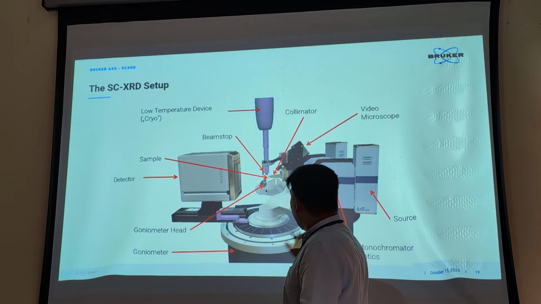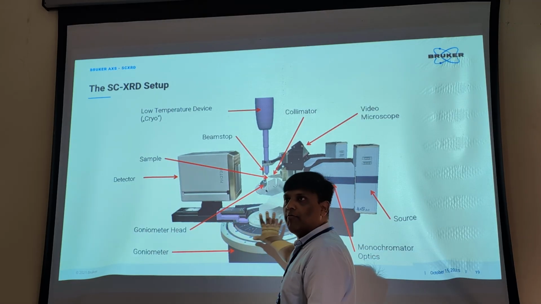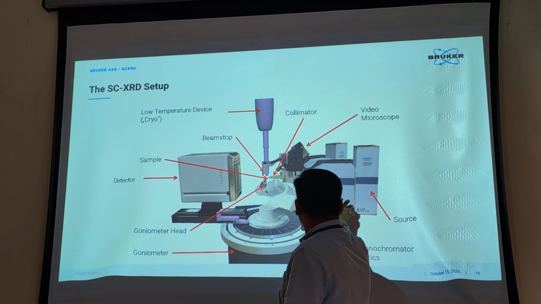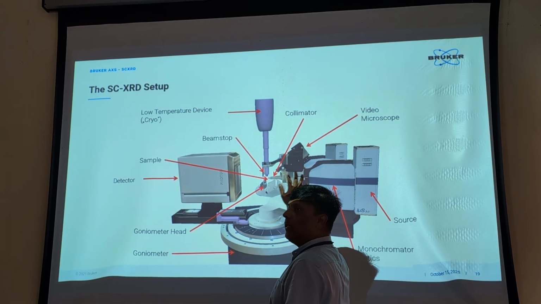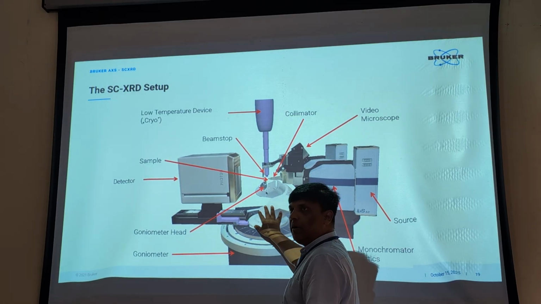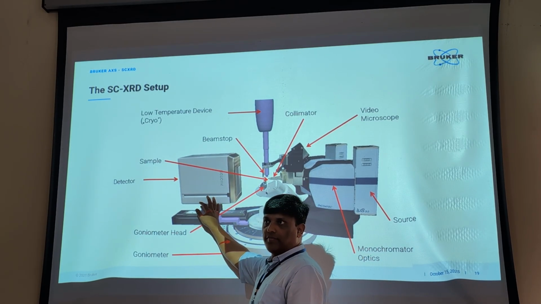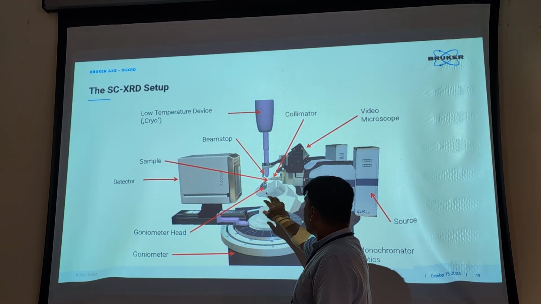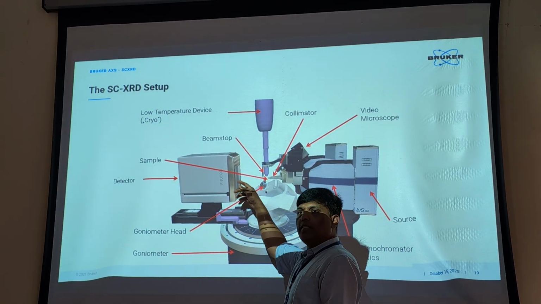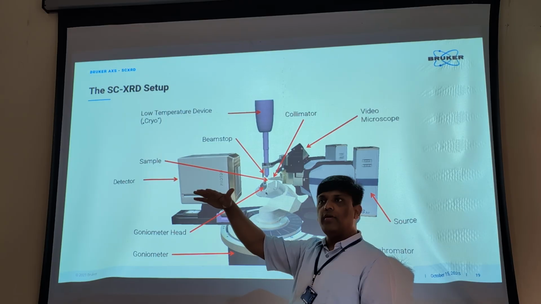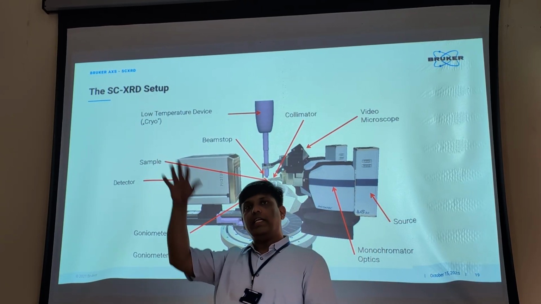This is the schematic diagram of a diffractometer, where you have two X-ray sources, copper and moly, a 4-circle kappa goniometer, and a big area detector. You can measure your crystal at room temperature, low temperature, and high temperature.